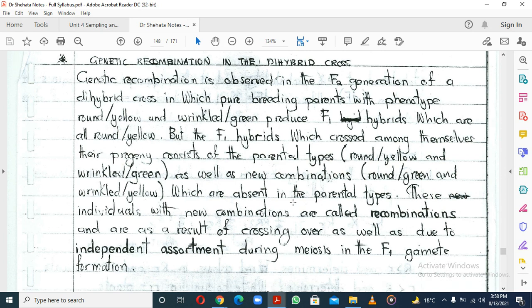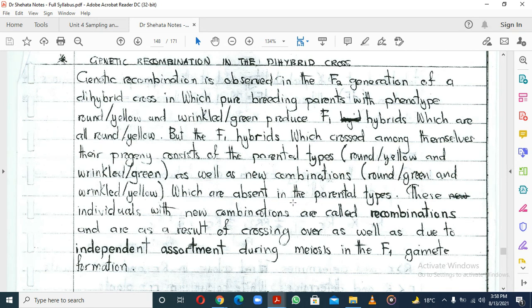Now, genetic recombination in the dihybrid cross. Genetic recombination is observed in the second filial generation of a dihybrid cross. This is very, very important. What we are trying to do is compare the things with which we started, like the characteristics or phenotypes, right?